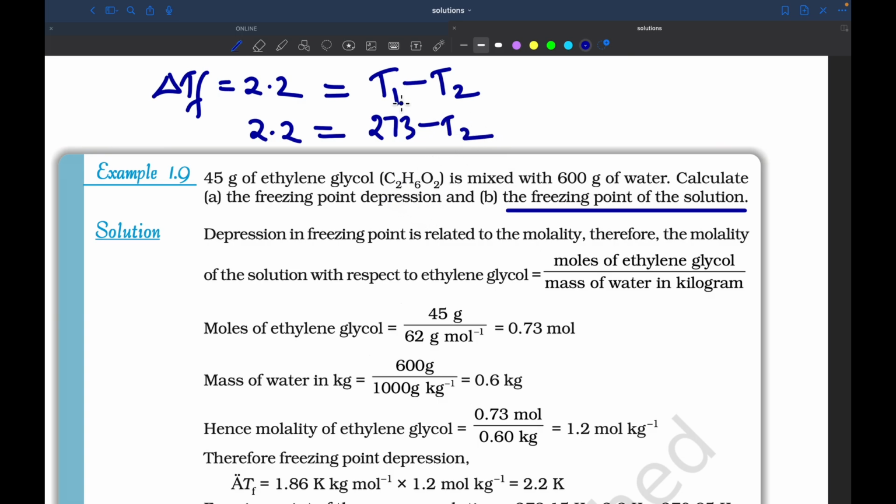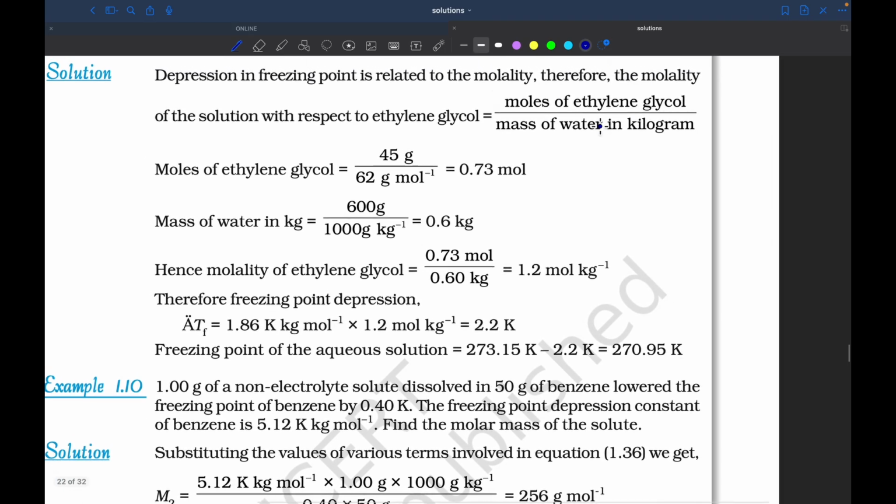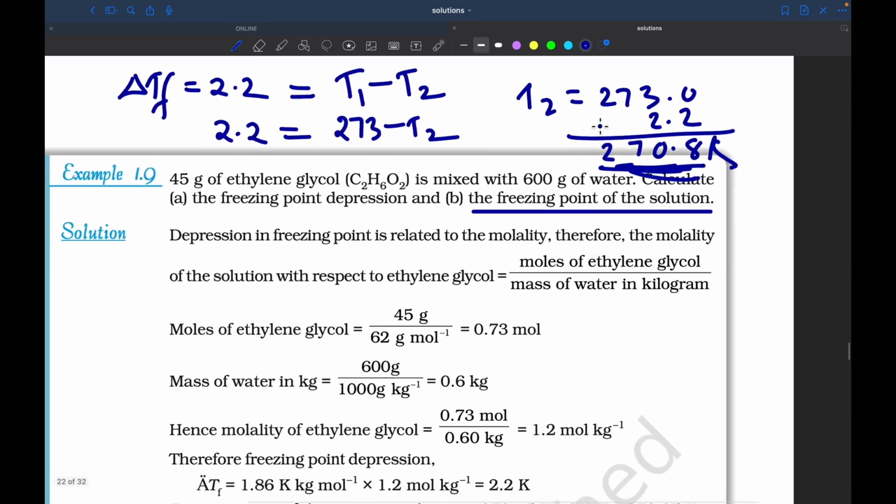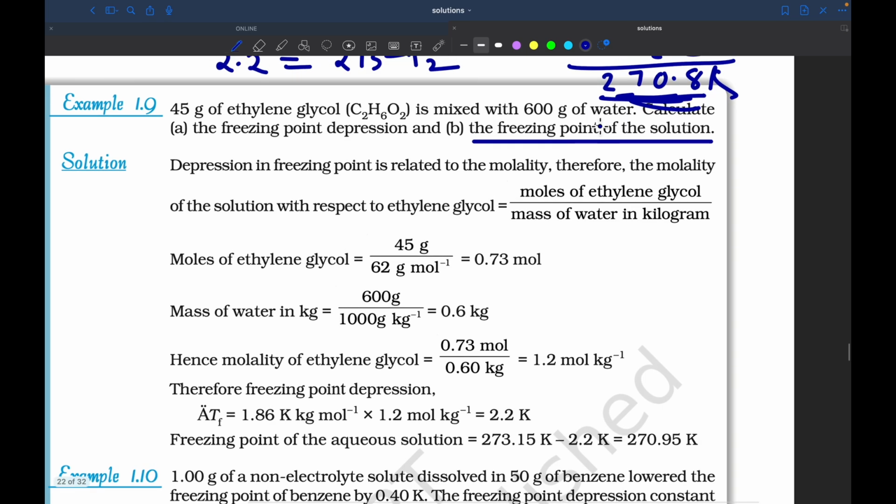Subtracting, T2 equals 273 minus 2.2, I have not taken 0. So this will be 270.8 Kelvin is the temperature. 270 is the freezing point of the solution.